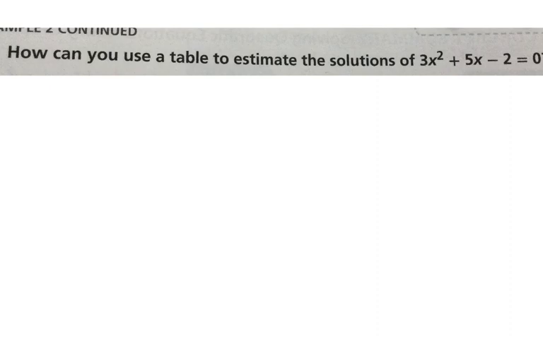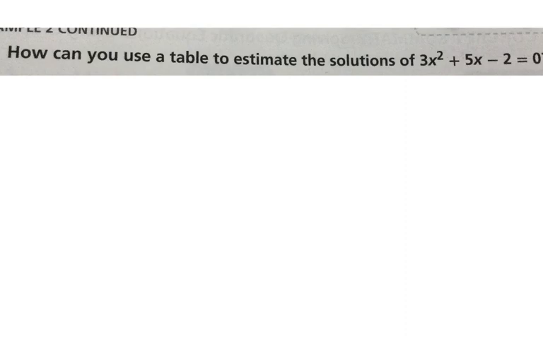It has to have crossed the x-axis at some point. At some point, it had to be 0. You guys understand what I'm saying? So it's somewhere between 0 and 1. That's all I know.